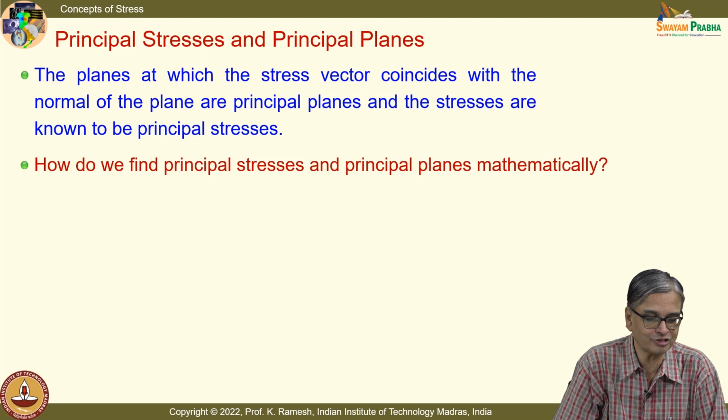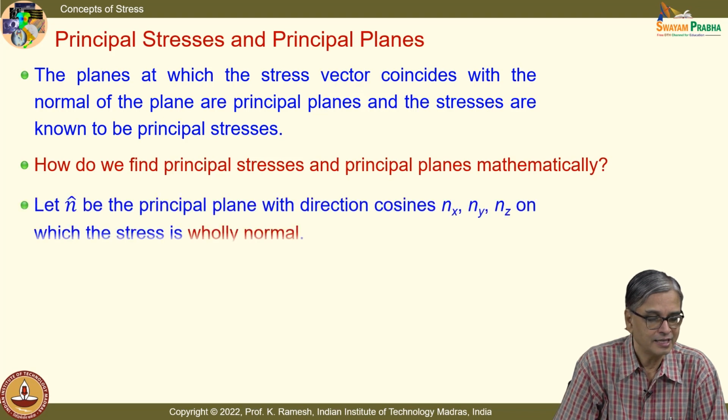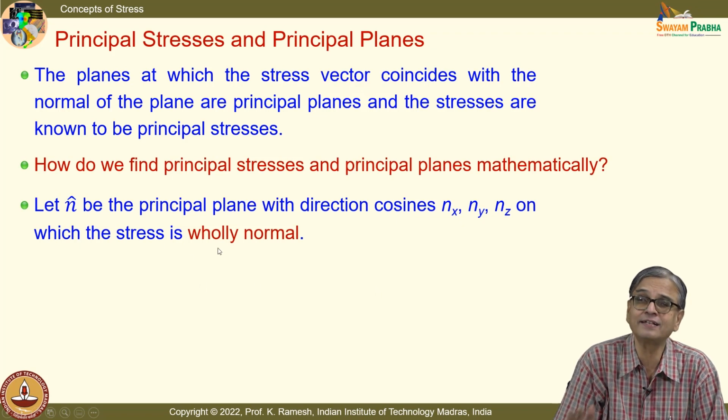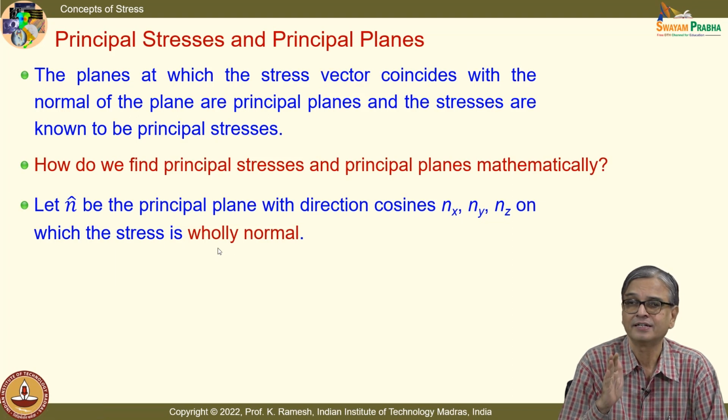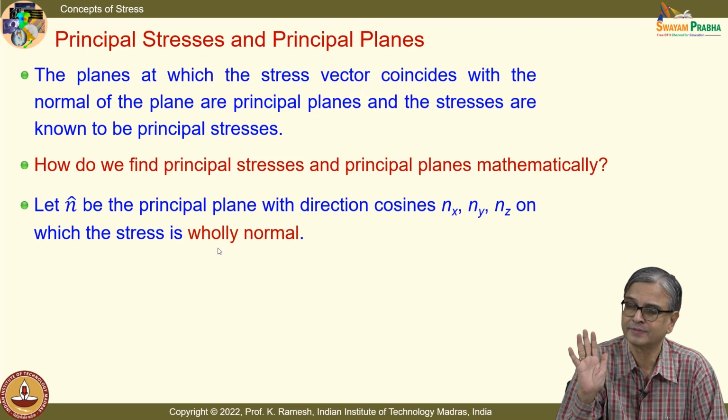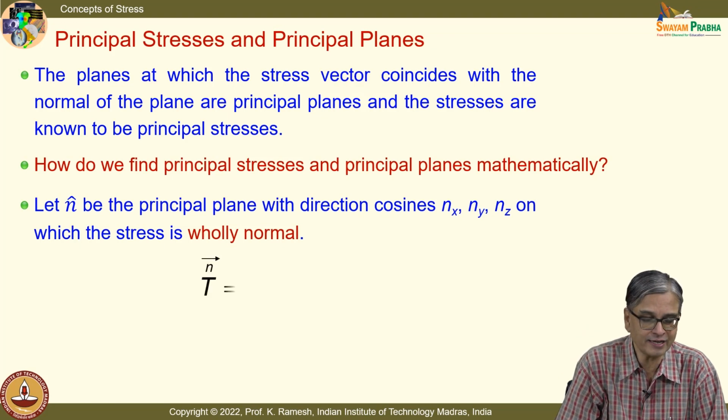Okay. Now, we ask the question mathematically and we specify the plane to be n, and the direction cosines are nx, ny and nz, and we also specify what is the stress vector. We have specified that on that plane I have only normal stress component. So, that means the stress vector is specified, there is no shear stress component, and I want the stress vector to be in this form, which could be identified from the Cauchy's formula.